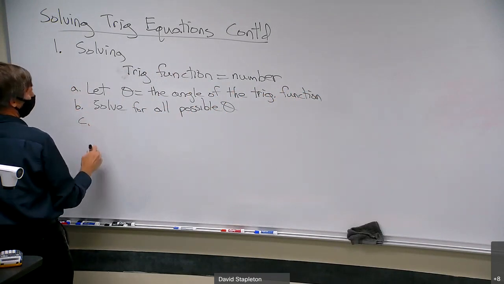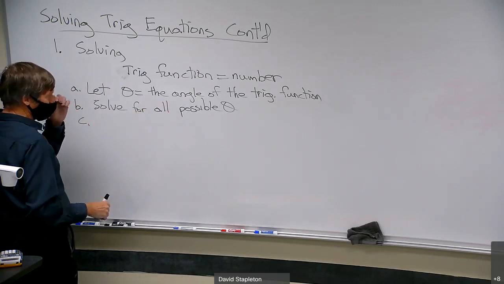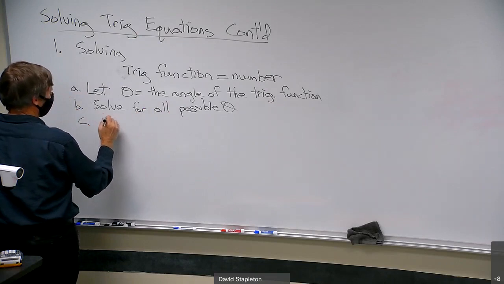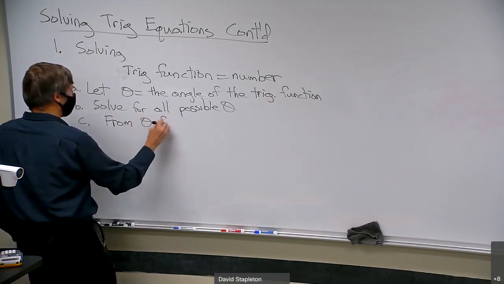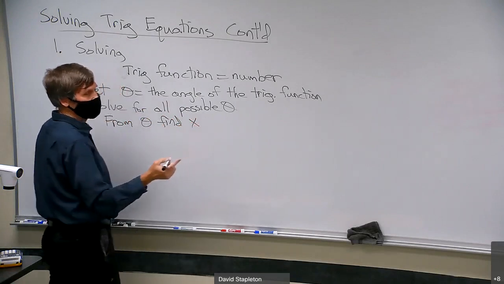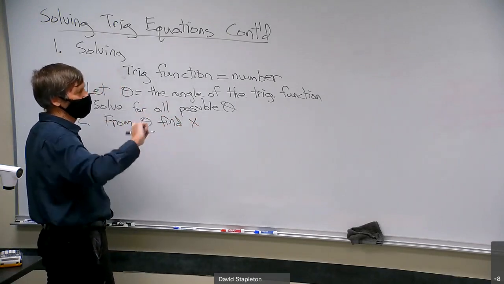Then part C, if the angle isn't just theta, maybe theta is equal to 2x is the angle, we then have an algebraic equation to find x. So from theta find x, and then it may be restricted to x being between 0 and 2 pi, right? We might only want to know the direction.